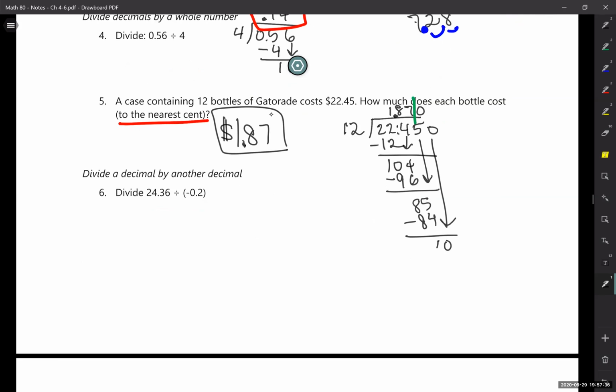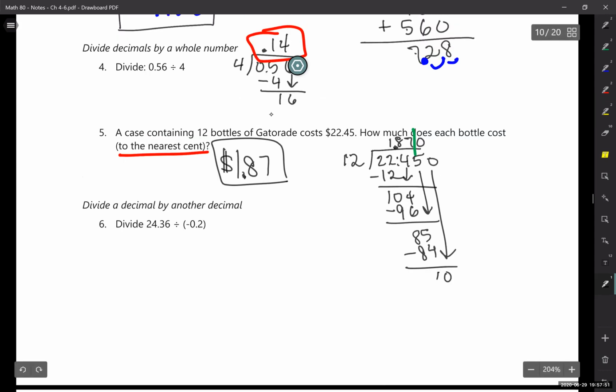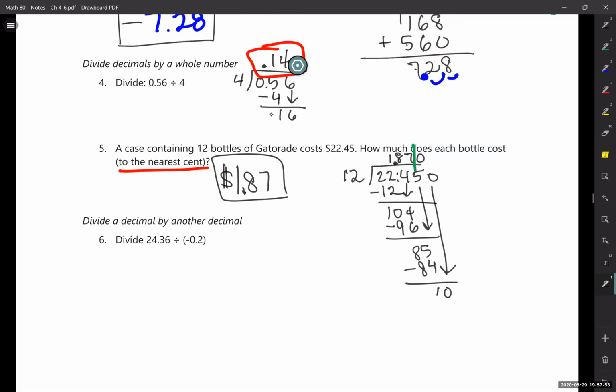Okay, last scenario. I hate dividing decimals as much as you hate watching me divide decimals, but we have to do all the scenarios. So now the final one is dividing a decimal by another decimal. So following the way I set up 4, I'm going to put the 2/10 on the outside and the 24 and 36/100 on the inside.